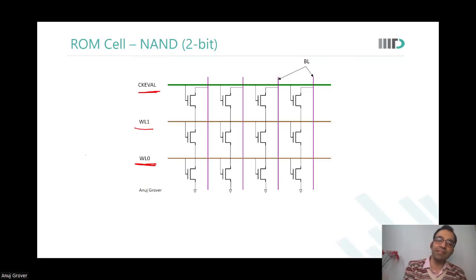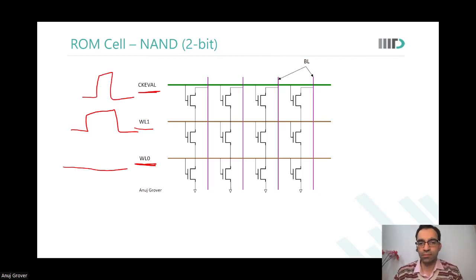If I have to read word line 0, I will take word line 1 as 1, and I will maintain word line 0 at low level. So when the clock comes, what happens? Will the bit lines discharge?